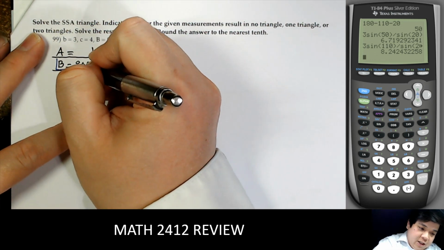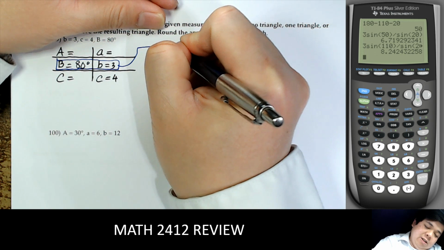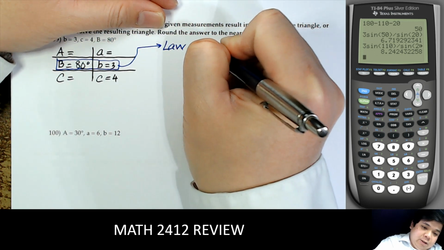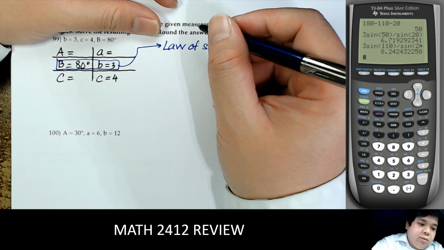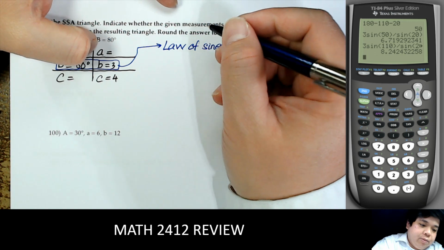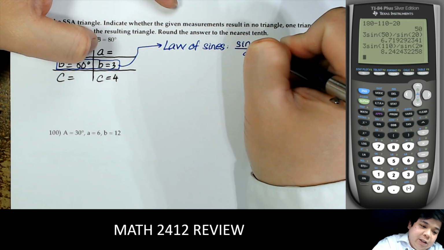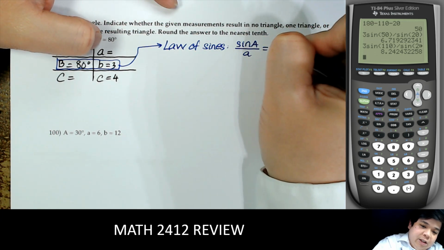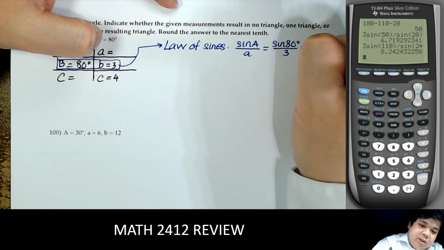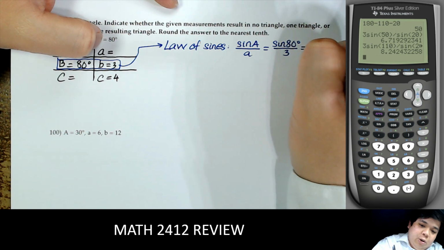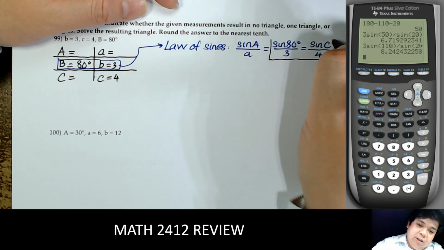Every time we see this, that is the law of sine. So sine of A over a, sine of B over b, and sine of C over 4. Obviously we can only use this, cannot use that.